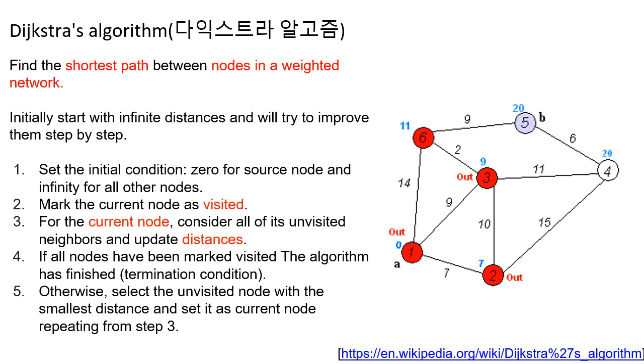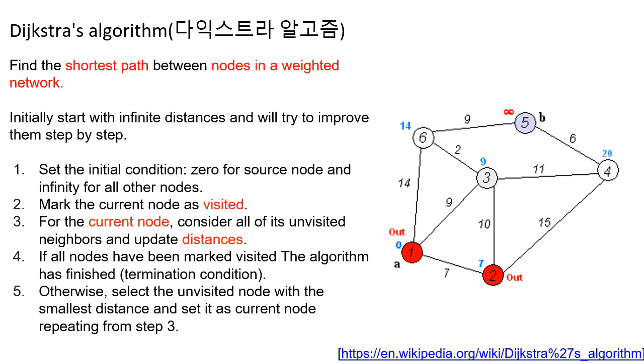Initially, start with infinite distance. You assign each node an infinite value, except the starting node. The initial starting node has value 0. So the source node is 0 and all other nodes are infinite.